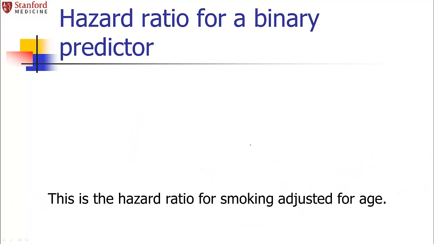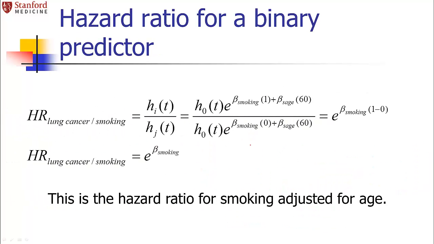If you take the betas from the Cox regression model and you just directly exponentiate them, you will get the adjusted hazard ratio for that particular predictor, and that's just shown here. So imagine that we've got a Cox regression model that we fit, and we have smoking and age in the model. Say I want the hazard ratio for a smoker versus a non-smoker.